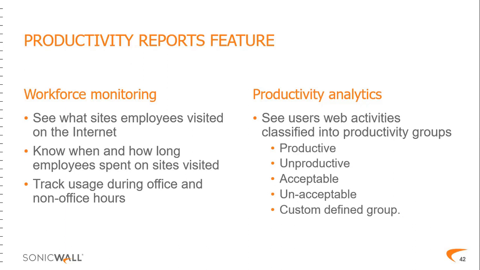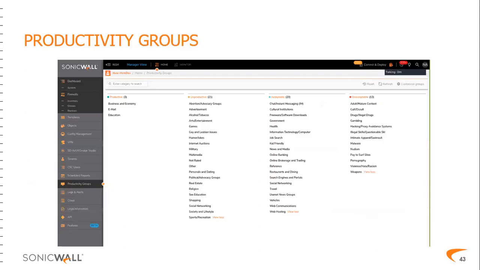So you can see the user web activities, then you can classify them into the productivity group, whether it's a productive or unproductive group, or acceptable or unacceptable, or any custom defined group. From the report, you can create the group.